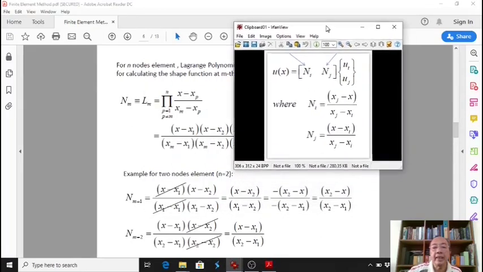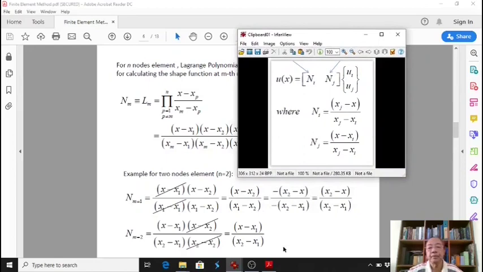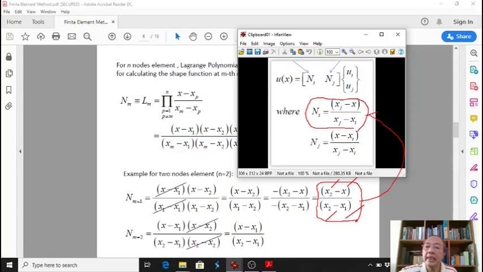If we compare to this, n1 that we found just now is (xj minus x) per (xj minus xi). So j we change to 2, so minus x, xj with j replaced by 2, minus xi, this is x1. So we found that n1 is the same as ni just now.